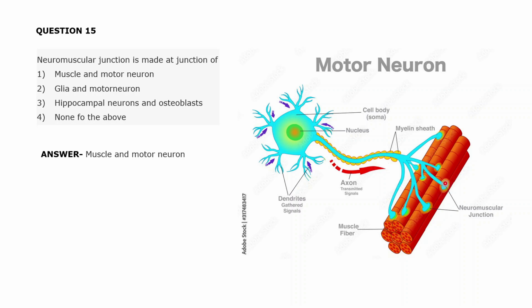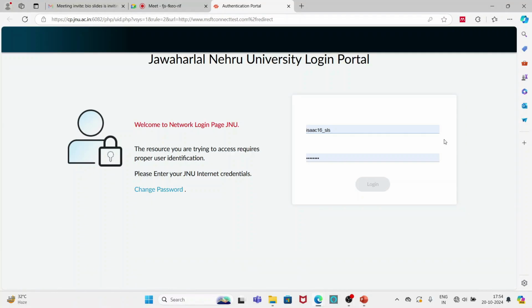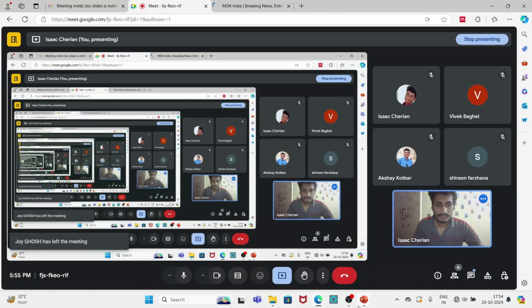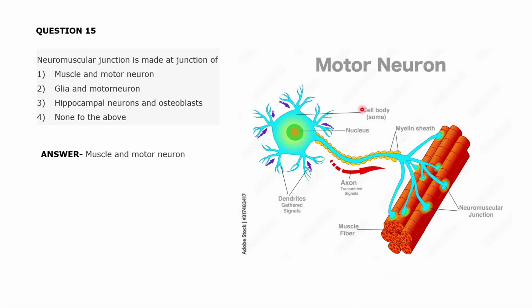So when they form this junction, several neurotransmitters are present there that actually send the signals from this nerve ending to the muscle fibers, telling it to actually contract or relax there, right? So that's what the neuromuscular junction is for. Basically, chemical signals actually transition between this junction that is formed there.